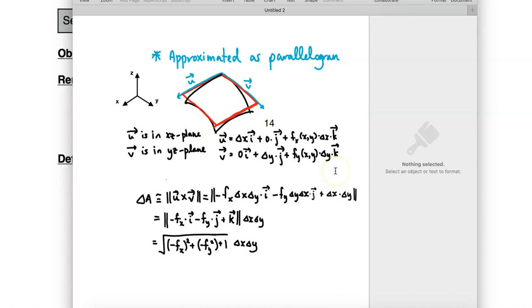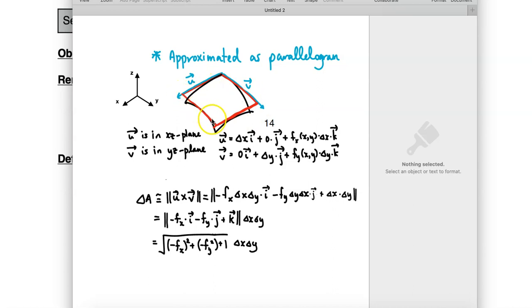Then again, through the limit process, as we narrow down our grid and the red parallelograms become infinitely small in both directions, so both edges are infinitely small, we get an exact value for the area of the surface. To find the area of a parallelogram, we actually have the tool.